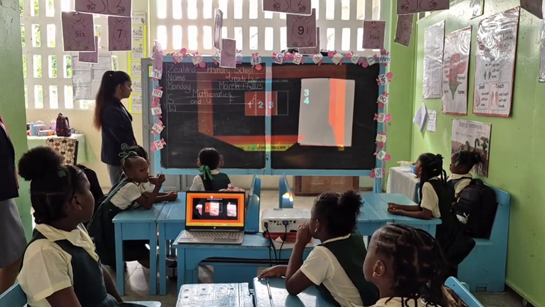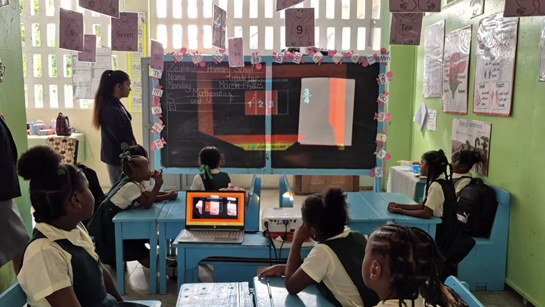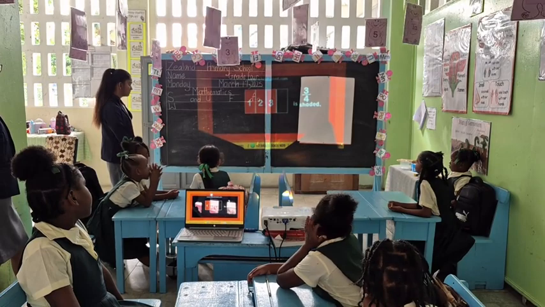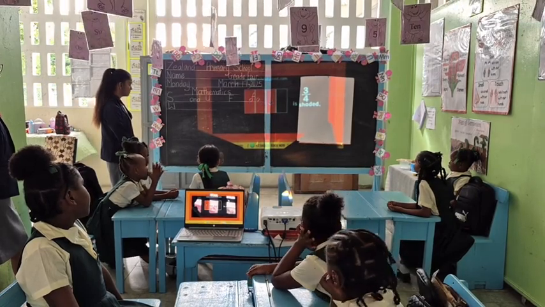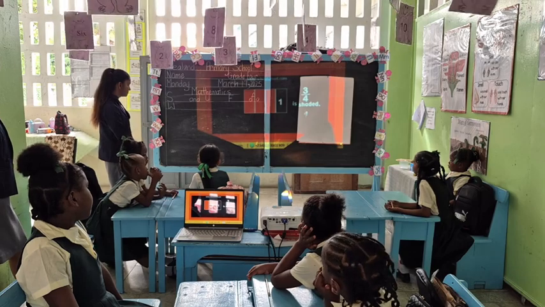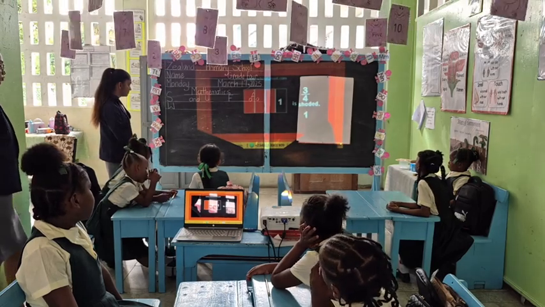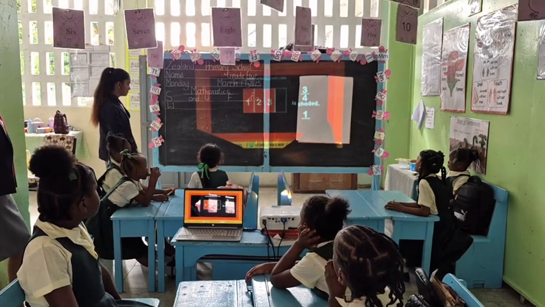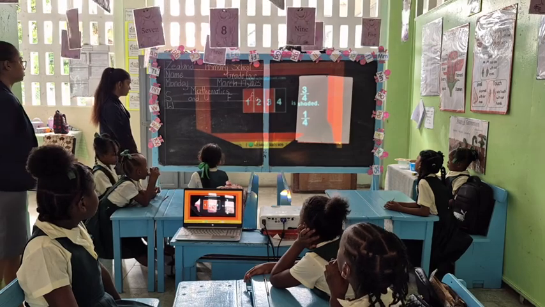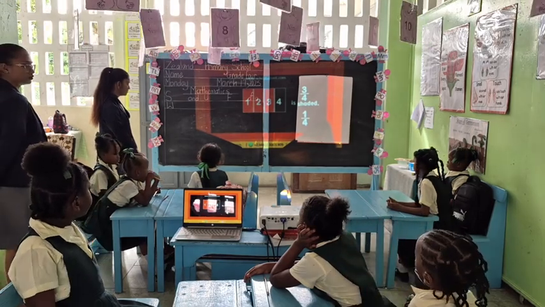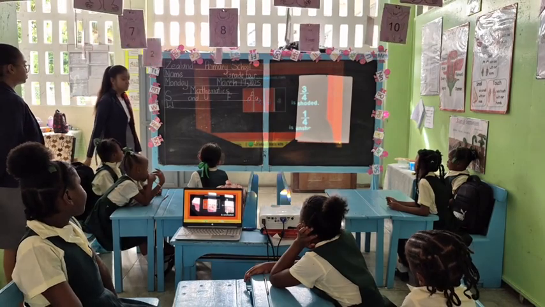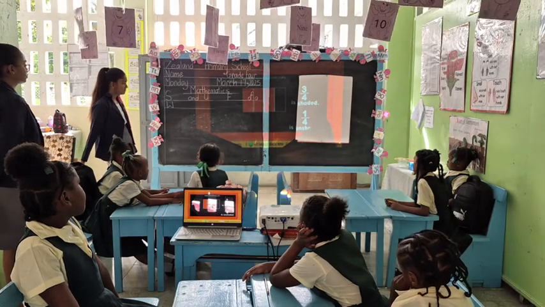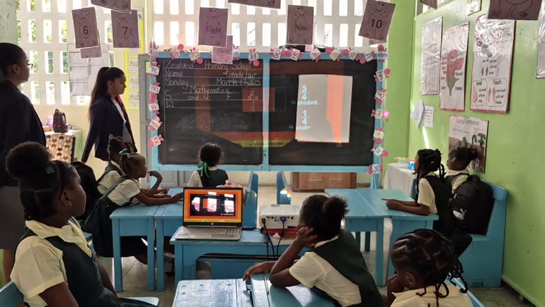Therefore, 3 over 4 of this shape is shaded. Now tell me, how many parts are unshaded? Just 1. So this is 1 out of 1, 2, 3, 4 out of 4. So 1 out of 4 is unshaded. 3 out of 4 are shaded. Do you understand?